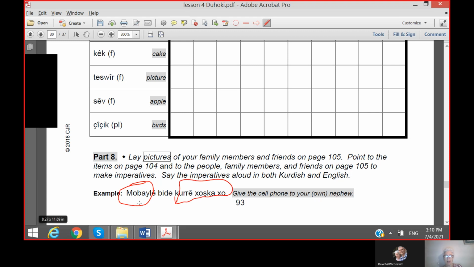So, mobile bida kore hoshgaho. Give the cell phone to your own nephew. So the point of this exercise is to practice putting objects in the oblique case and using relationship words, which was the focus of this lesson.